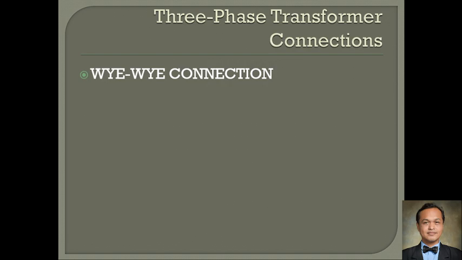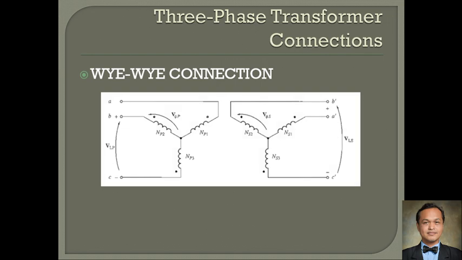For a Y-to-Y connection, as you can see, the primary and the secondary sides are connected in Y. So remember the behavior of the voltage and the current in Y-connected circuits.